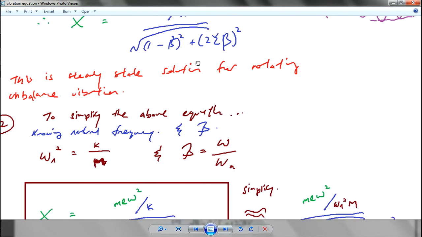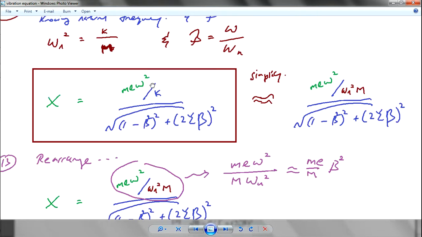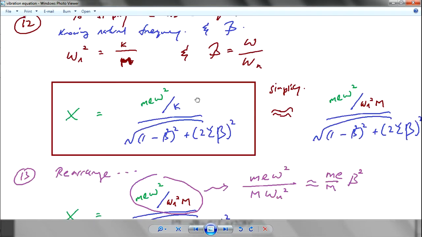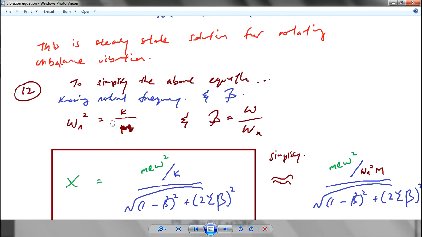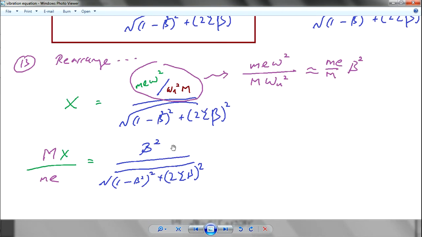and you can easily rearrange to derive this equation over here, by using some subbing in of natural frequency or beta. So you just sub in here and there, and eventually you get this.